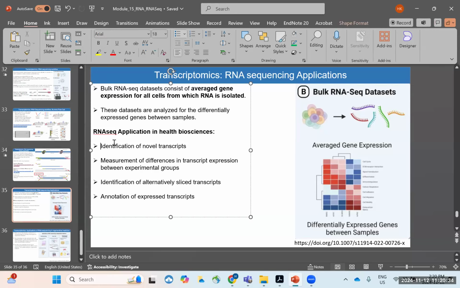But you can, of course, use RNA sequencing to identify novel transcripts, messenger RNA that you have never studied. You can measure the difference in transcripts between two different groups, like cancer versus healthy. You can identify novel splice variants, and that's how we know most of the splice variants. And with RNA sequencing, you can annotate transcripts better.